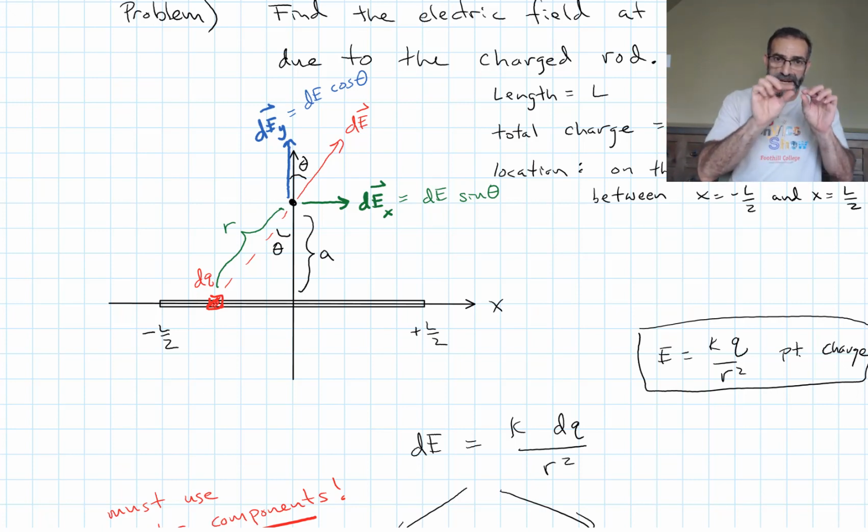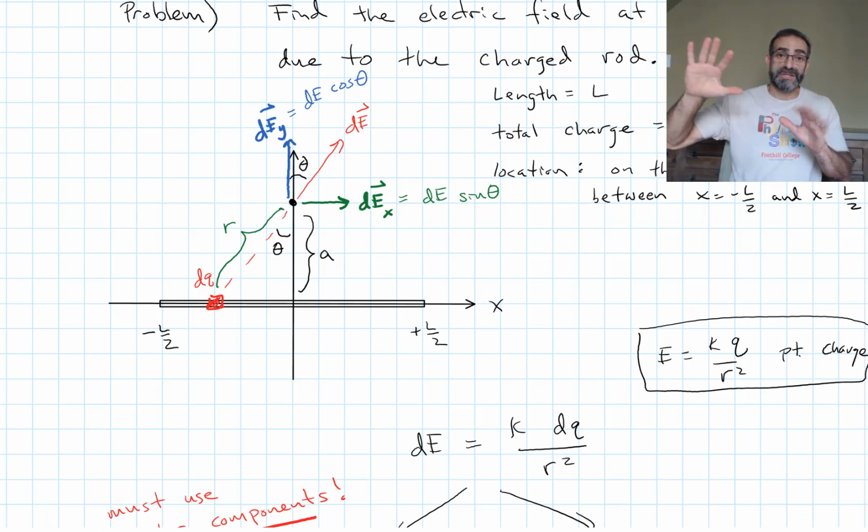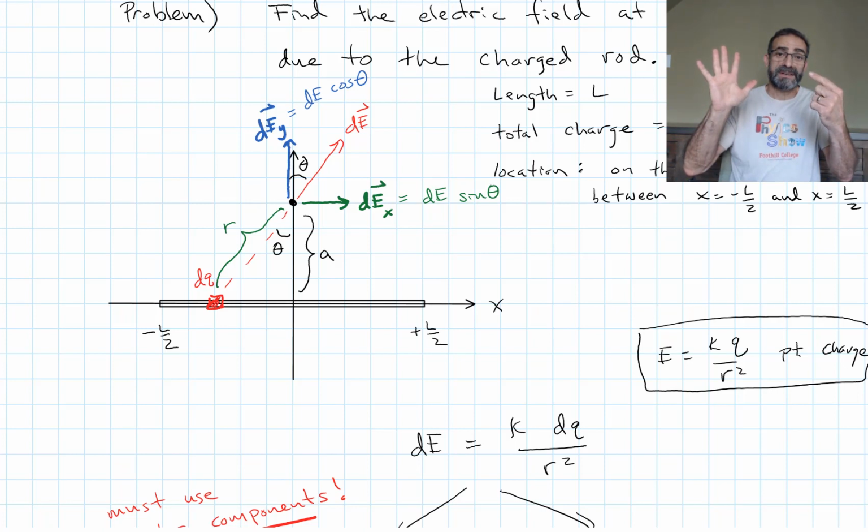So we're going to integrate over that line of charge, which means we're just doing a one-dimensional object and a single integral. If we had a sheet of charge, like maybe a flat disk that had charge over it, and we're trying to find the electric field at some point, maybe above the disk, we'd have to do a double integral.